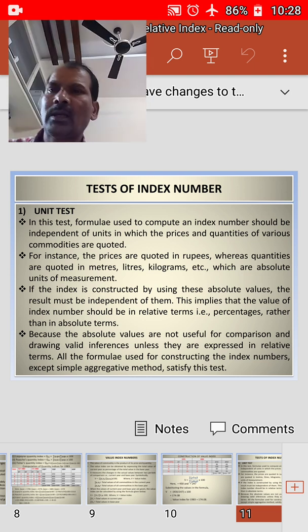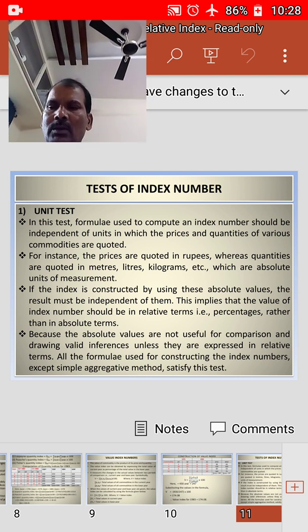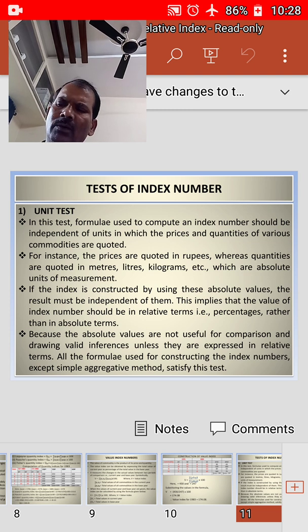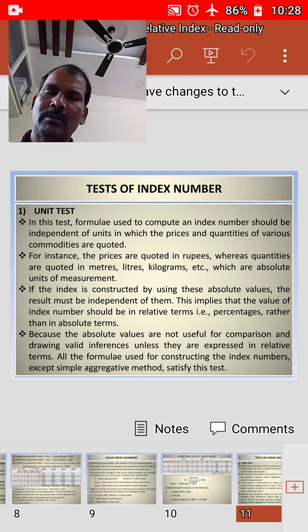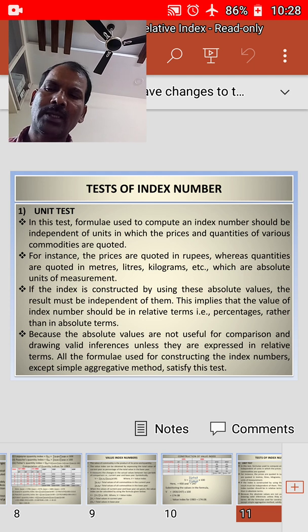Before that, I would like to say a few words. There are several formulae to construct index numbers. Generally, it is a problem to select the most appropriate formula among all the given formulas to measure the price level changes with perfection. A number of mathematical tests have been designed to overcome this problem.